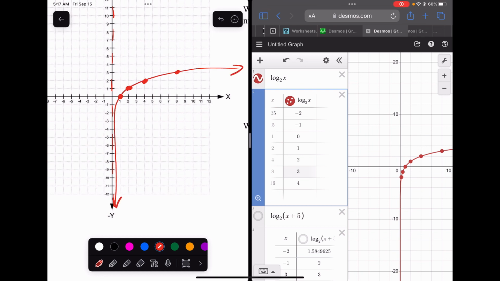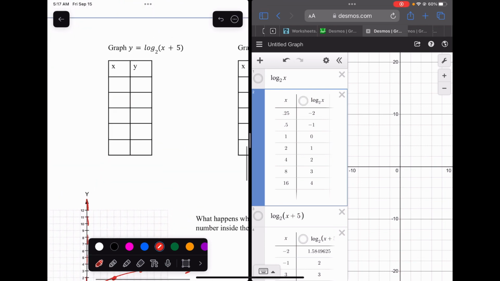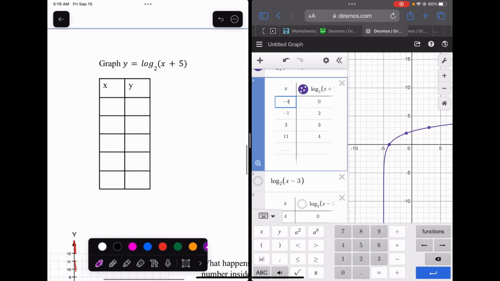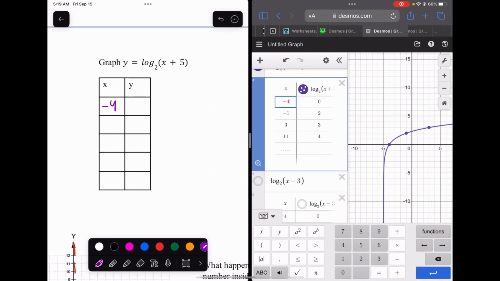All right. Now, I'm going to go ahead and graph this other function they're asking us to graph. Our nice points for this function are going to be -4, 0, -1, 2, 3, 3, and then 11, 4.